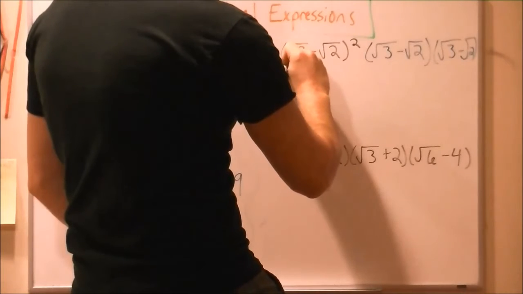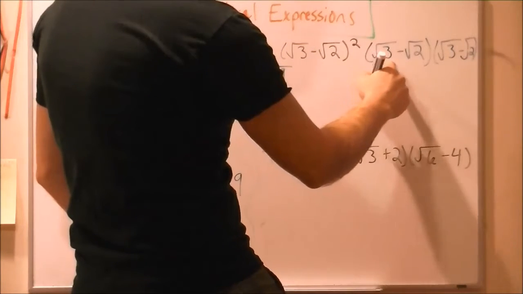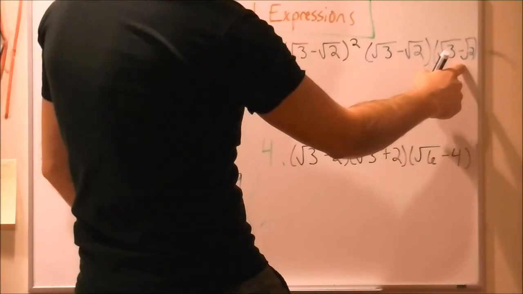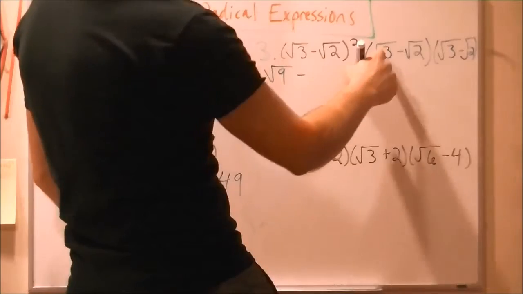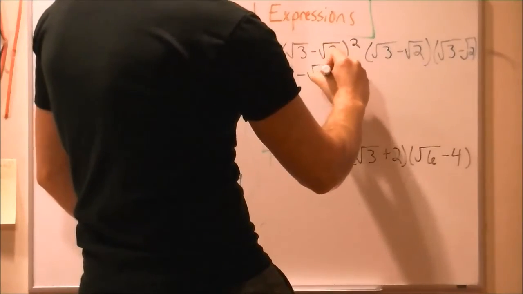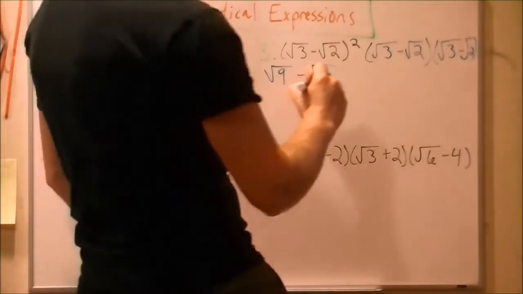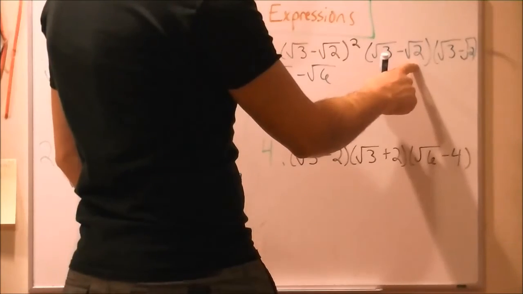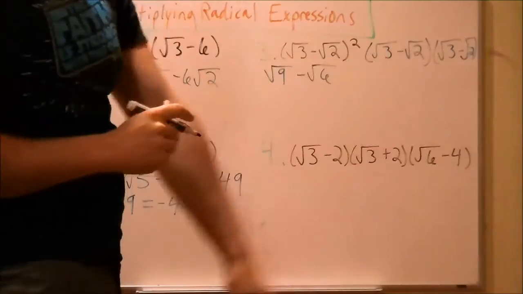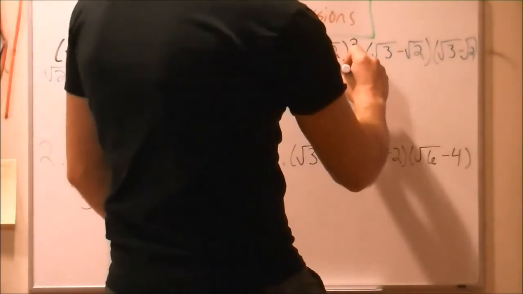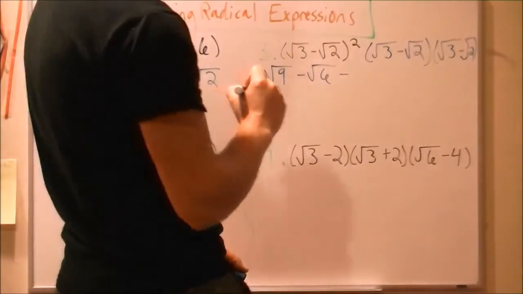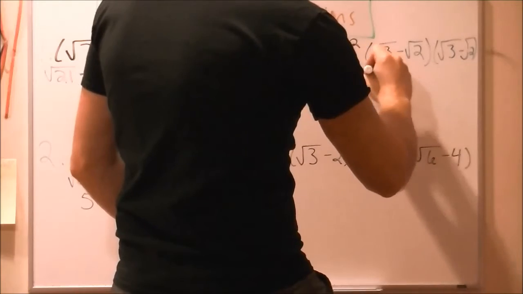That's square root 9. Square root of 3 times the negative square root of 2 is going to be minus square root 6. Alright? And then I'm going to have the negative square root of 2 times the positive square root of 3, which is going to be minus square root 6.